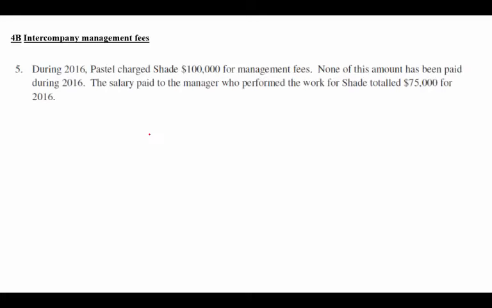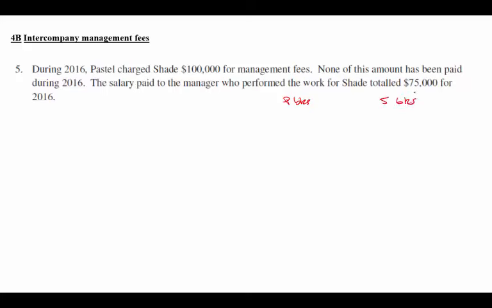So as a reminder, the information we were given was number 5 under other information. During 2016, Pastel charged Shade $100,000 for management fees. None of this amount has been paid during 2016, and the salary paid to the manager who performed the work for Shade totaled $75,000 for 2016. So first, looking at that $100,000 in management fees, we quickly remember what would have been done on parent's books and what would have happened on sub's books.